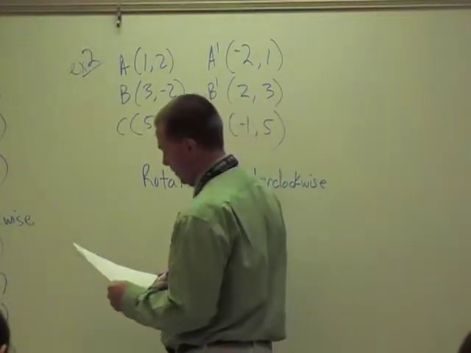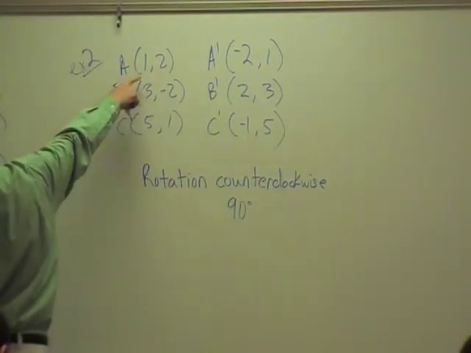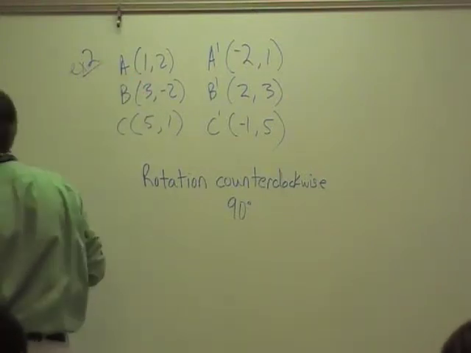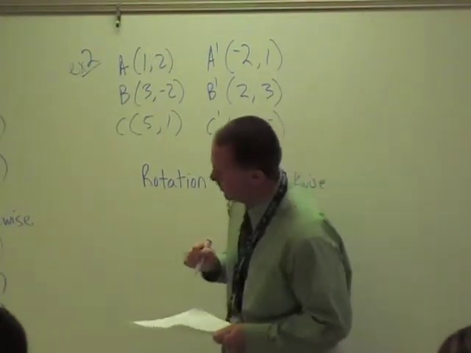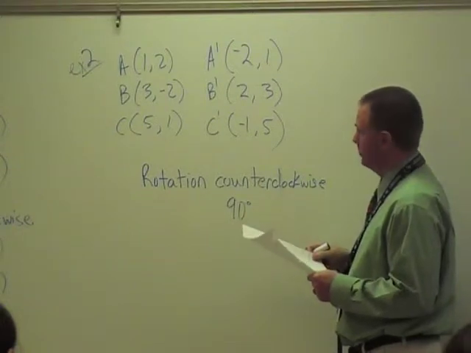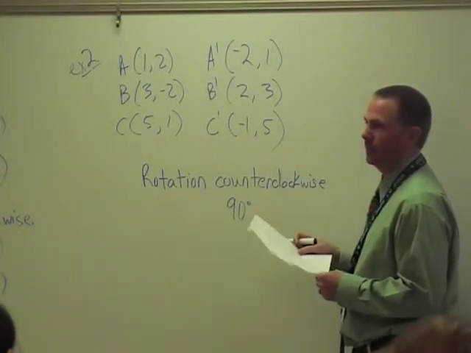Well, let's see what happened. X and Y flipped. And then 90 degrees counterclockwise does what? It flips the X and the Y. However you want to say it.